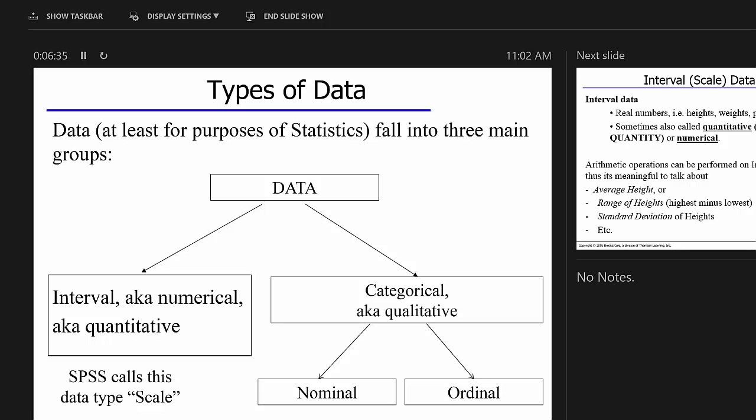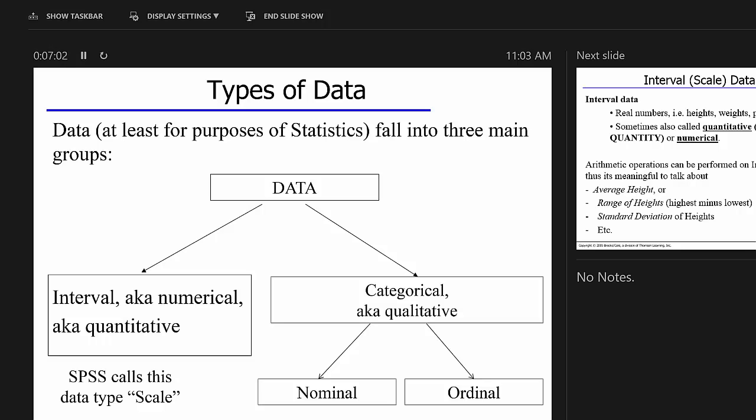So what is the typical interval data? Something that can be measured, all right? For example, people's height can be measured in terms of inches. Every person's weight can be measured in pounds. How much money a person is making can be measured in dollars and cents. So it is something measurable using some standard set of measures.